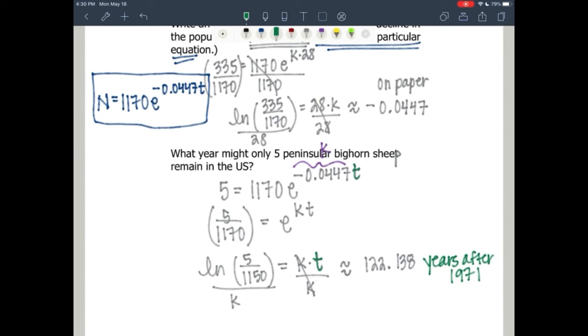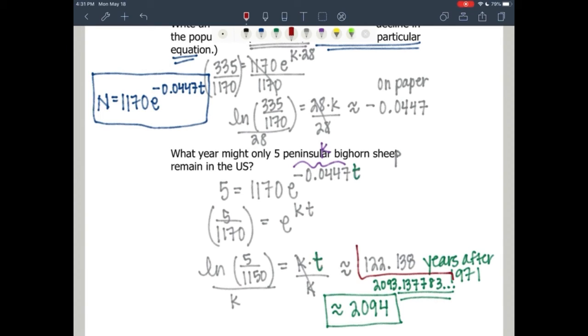If I add that number to 1971, I get 2093.137783, which is past 2093. Therefore, we're going to be in 2094. That's what I got.